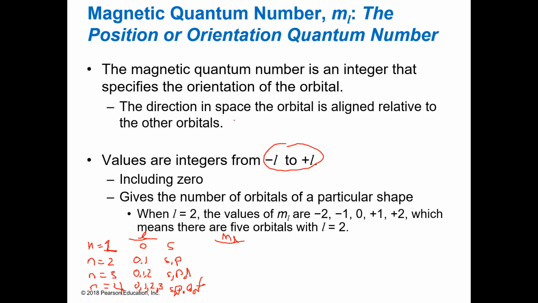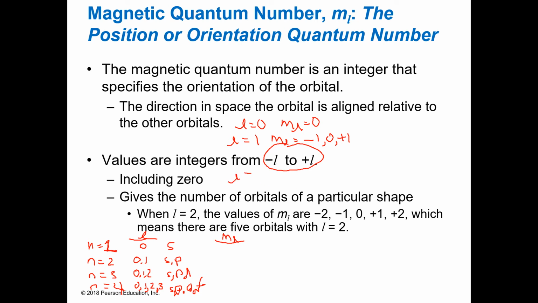If L equals 0, then ML can only be 0. If L equals 1, or the P subshell, ML can be -1, 0, +1.